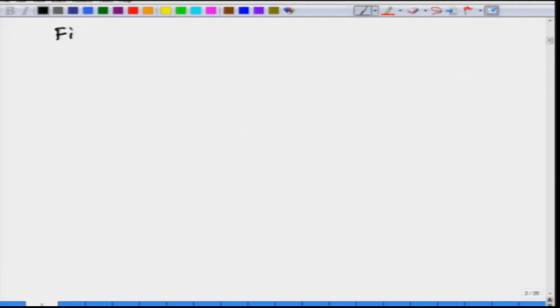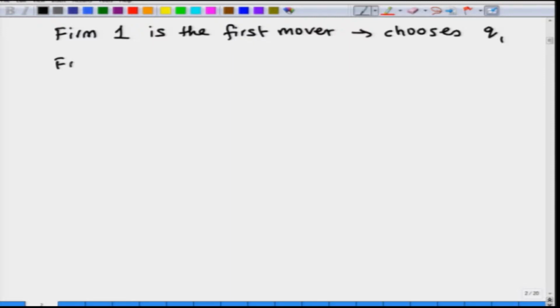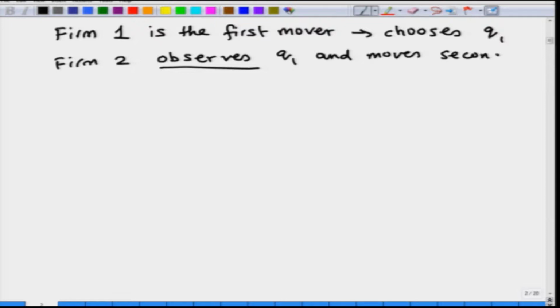So, in terms of the Stackelberg model, firm 1 is the first mover, and chooses Q1 first. Firm 2 observes the output choice of firm 1. So, firm 2 observes Q1 and moves second and then chooses a Q2.